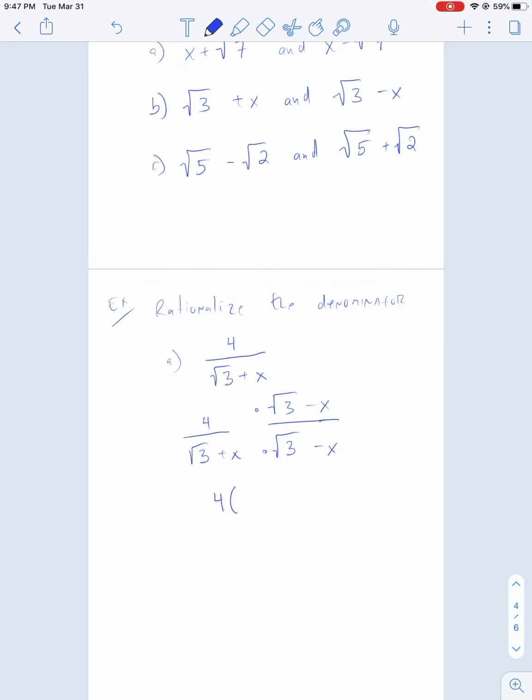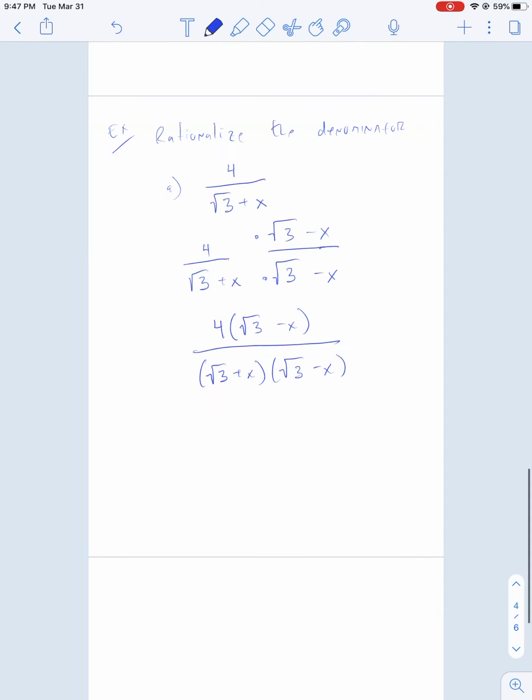All right, because let's take a look. This really ends up being 4 times square root of 3 minus x on the top. And on the bottom, we have a binomial times a binomial. All right, this is where multiplying by the FOIL method or by distribution is going to come into play. 4 times that is just 4 square root of 3. 4 times our next term is minus 4x for the top. Then we have square root of 3 times the square root of 3.